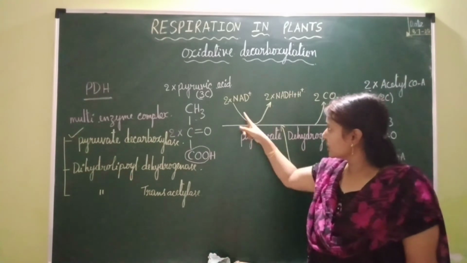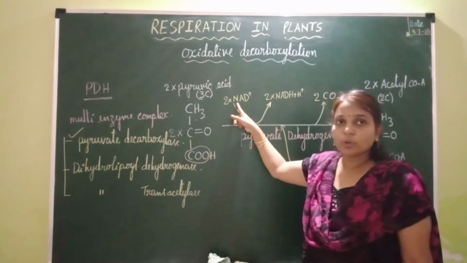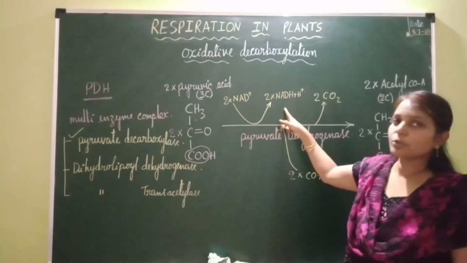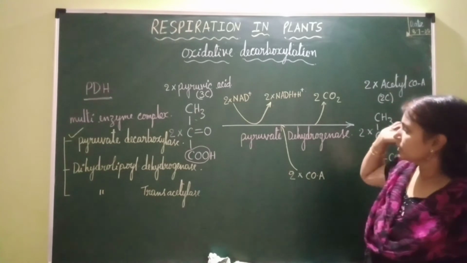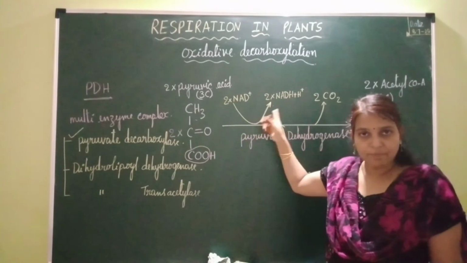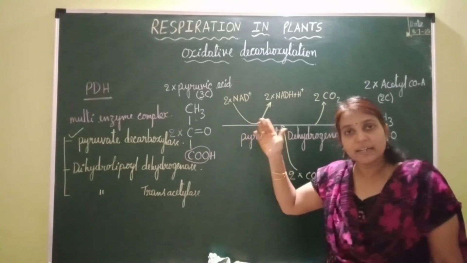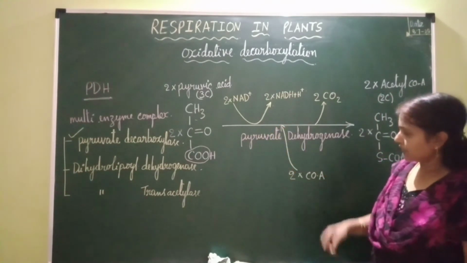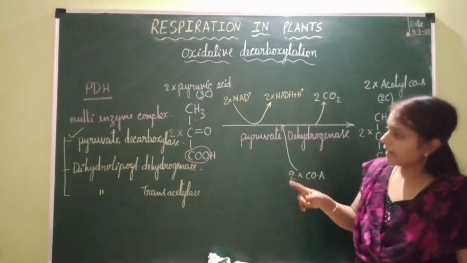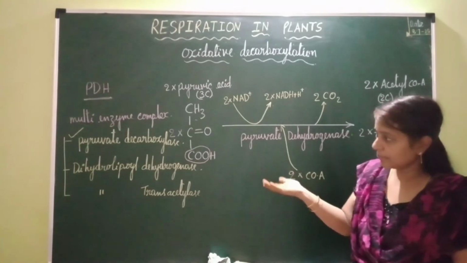Those protons and electrons are transferred onto NAD+, so that NAD+ is reduced into NADH plus H+. That is the function of the second enzyme. Next, the function of the third enzyme.